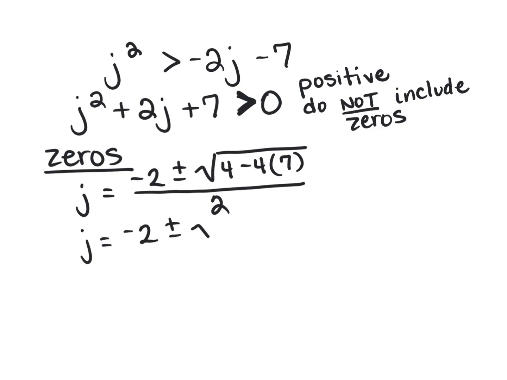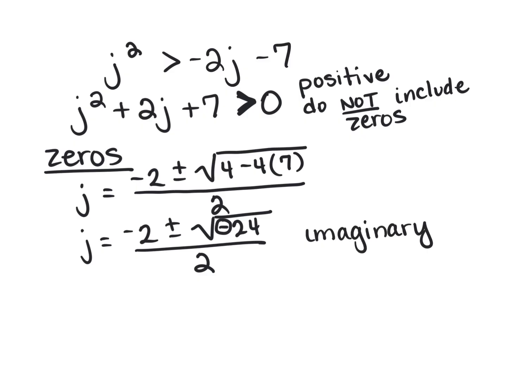Now, as we work this out, we end up with 4 minus 28, which is negative 24, divided by 2. So I don't have to continue working on this problem, because we have this negative underneath here. This means that I have imaginary zeros.